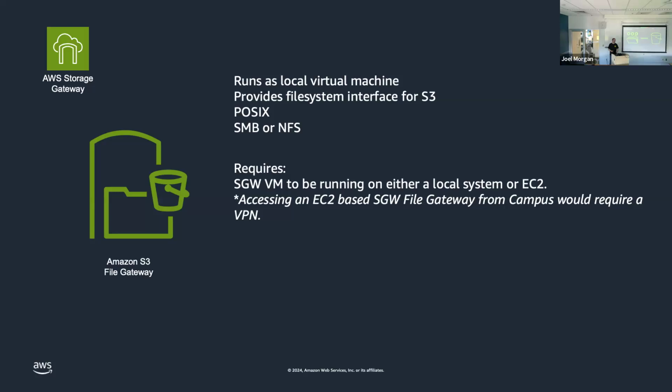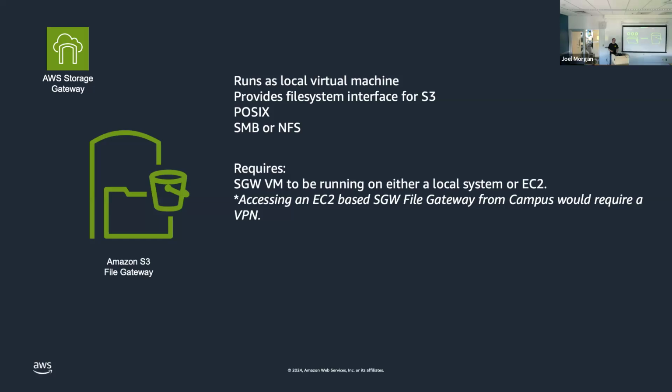Works great. If you did not want to have a file gateway running locally, you could have an EC2-based file gateway, but then you would need a VPN between whatever network you're on, most likely campus, and your AWS environment.